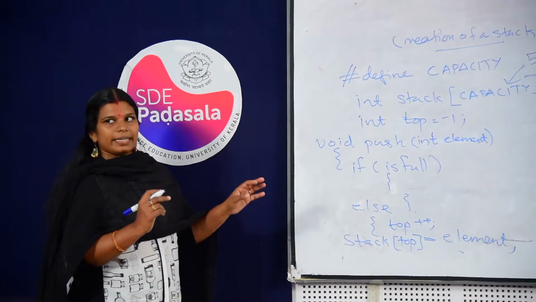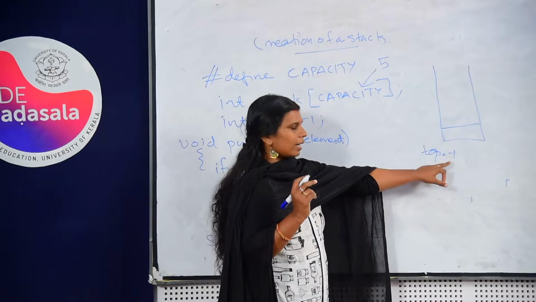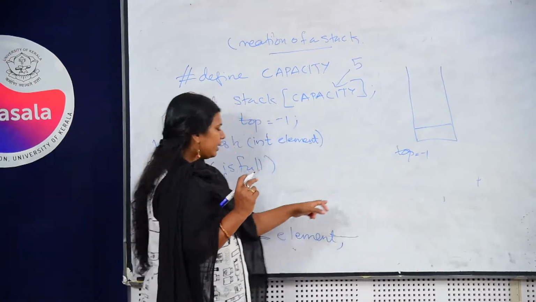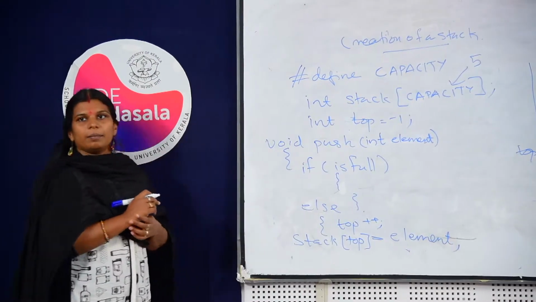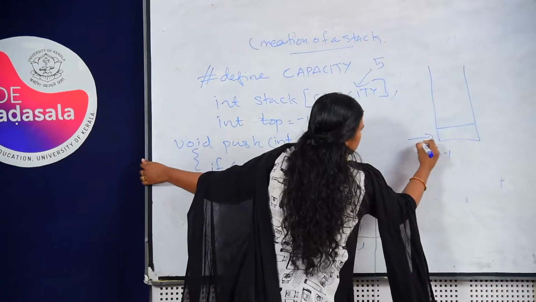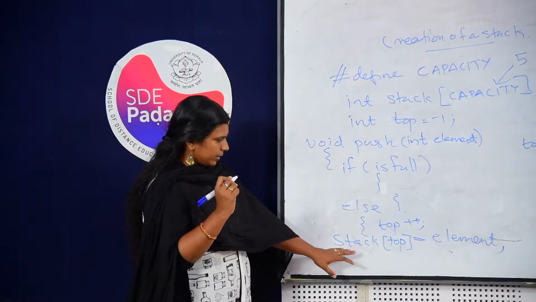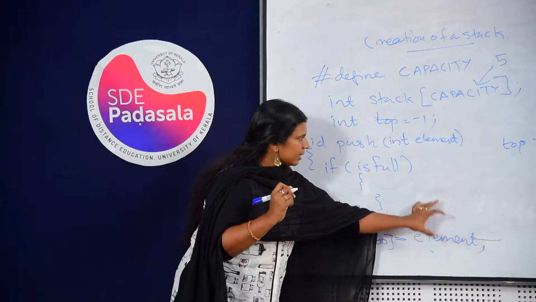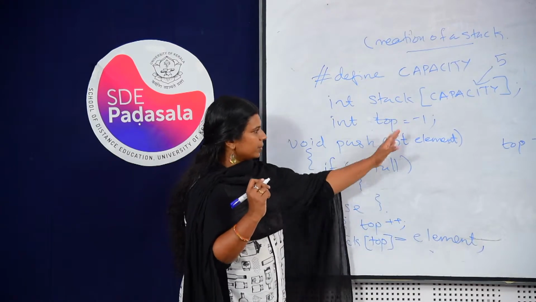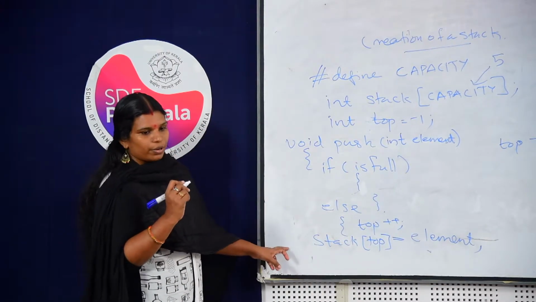That is, we will increment the top value by 1. What is the current value of top? The current value of top is -1. When it is incremented by 1, it will be 0. That is, 0 means it points to this position. When it points to the first position, we will insert this element, that is, the element passed in this push operation will be inserted into stack of top.